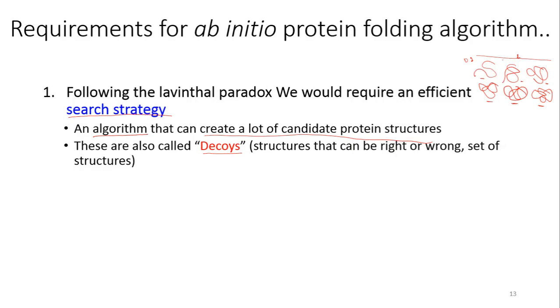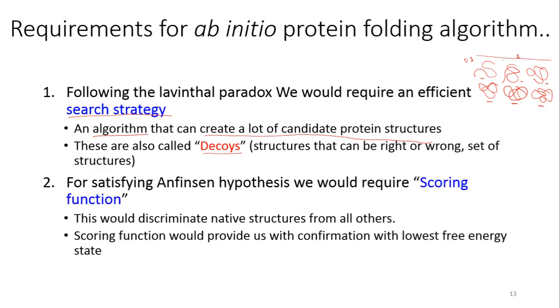And the next thing that your ab initio protein structure folding algorithm might need is something that would delineate the good structures from the bad structures.